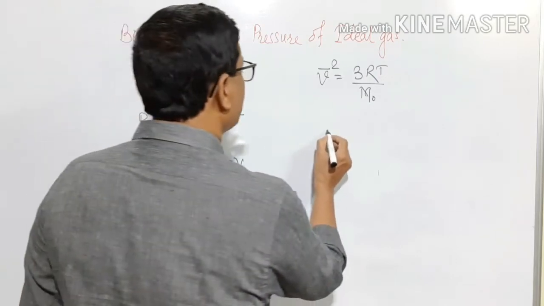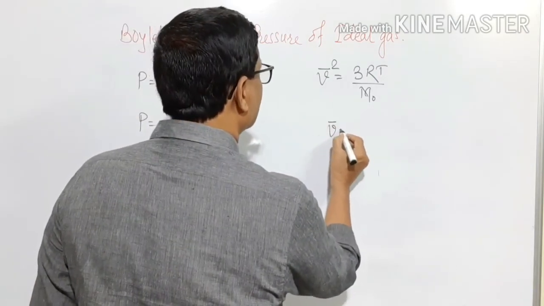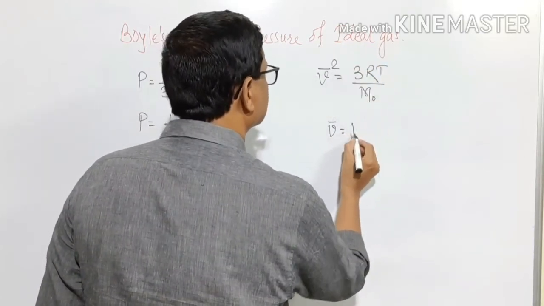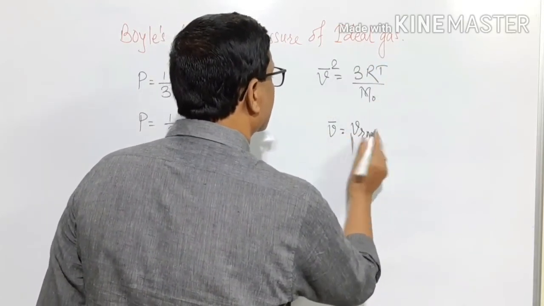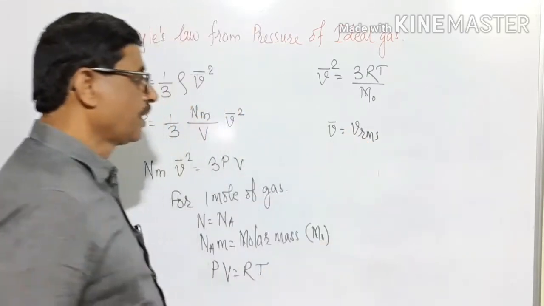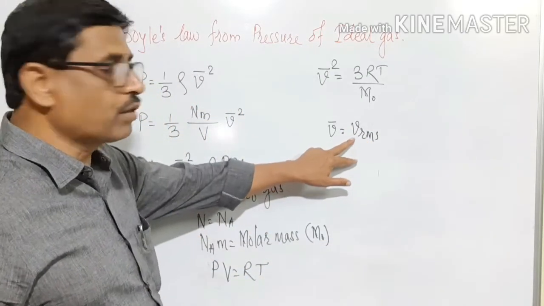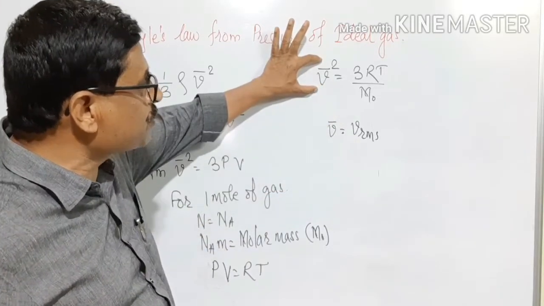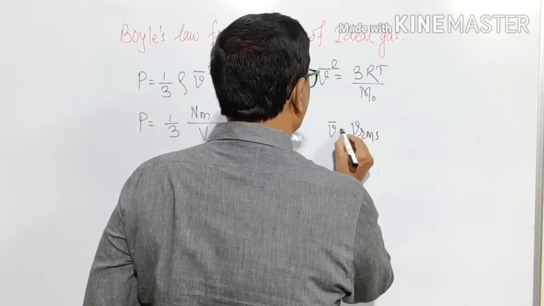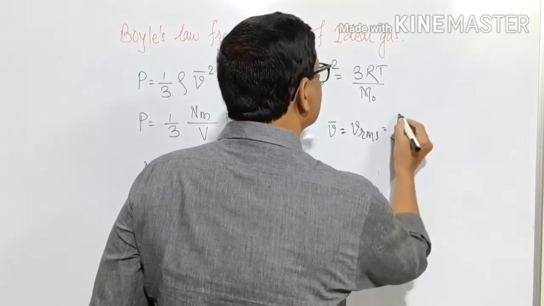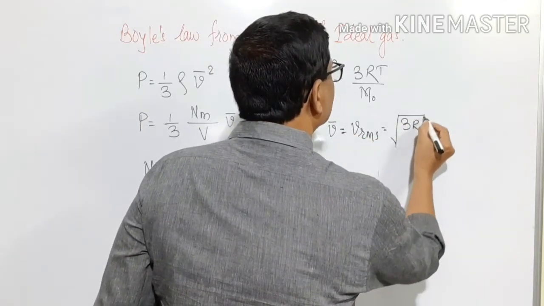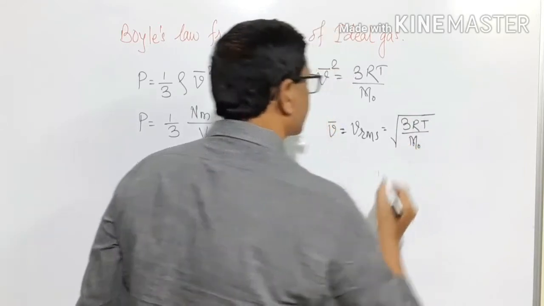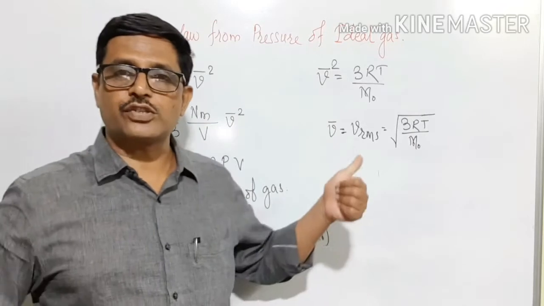With this, I am able to write that V bar, which is nothing but the RMS speed of the gas, is the square root of mean square velocity, which is equal to the square root of 3 RT divided by M0. M0 is the molar mass of the gas.